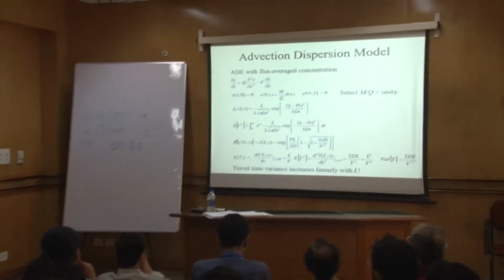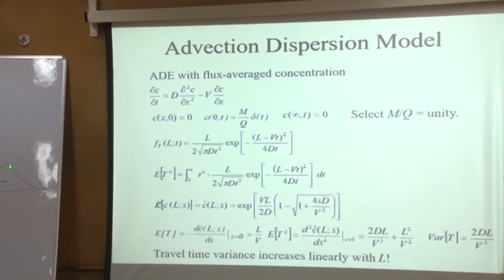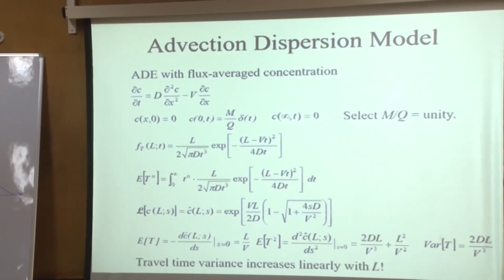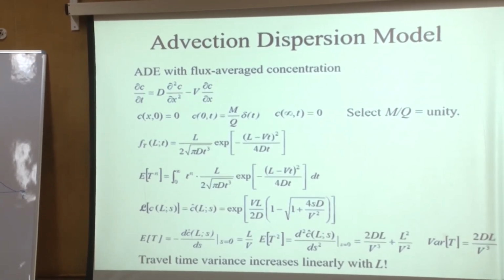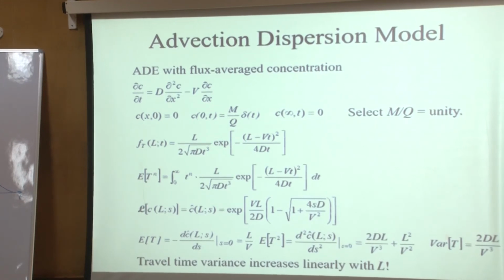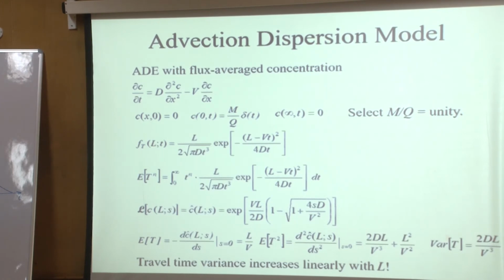What is the travel time? So this is the travel time distribution that I observed based on this flux concentration at a distance of L. At some other distance, what would be the travel time distribution? It's the same equation. It's the same in the sense that in this model, fortunately you have L or X also as a parameter. You change the value of X, you simply get the distribution elsewhere.